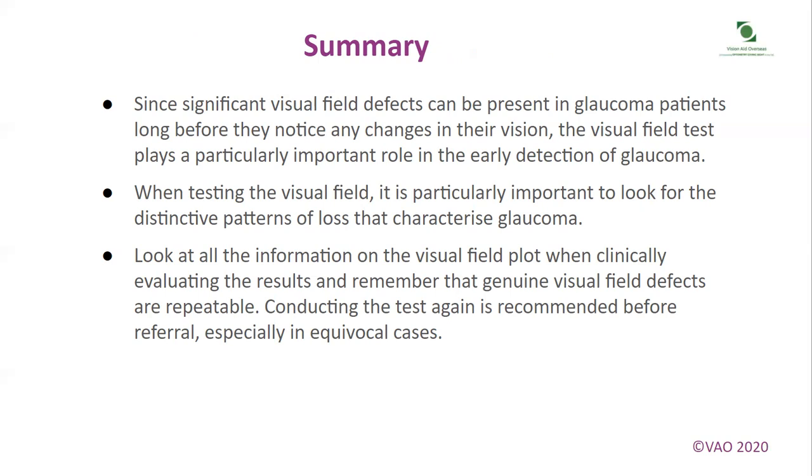Look at all the information on the visual field plot when clinically evaluating the results, and remember that genuine visual field defects are repeatable. Conducting the test again is recommended before referral, especially in equivocal cases.